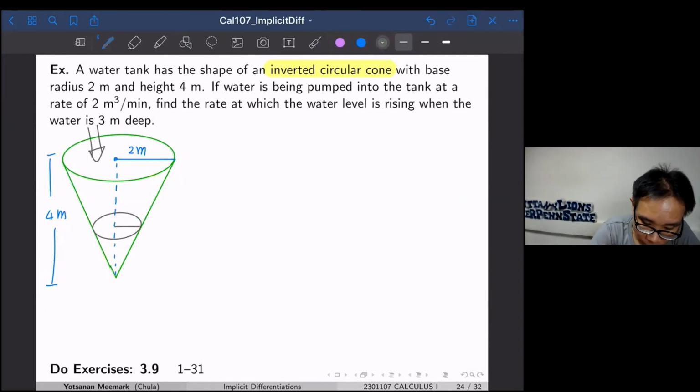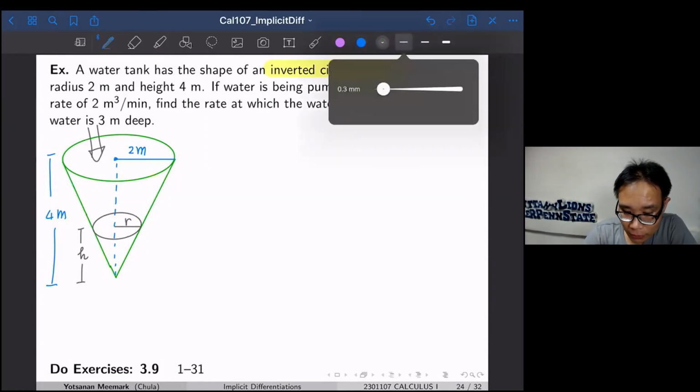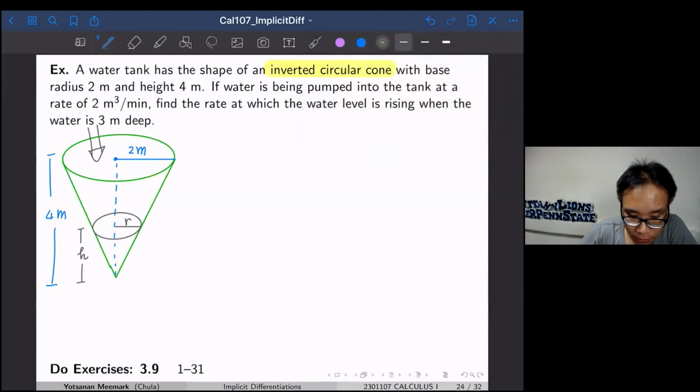Okay, so you have the radius r like this, and you're gonna have the height of the water equal to h like this. So in this case you see that this is the picture that you have.